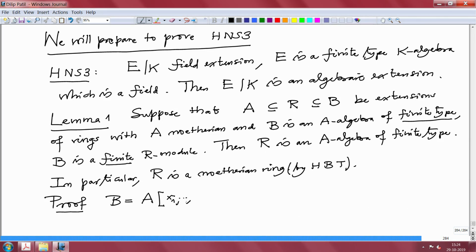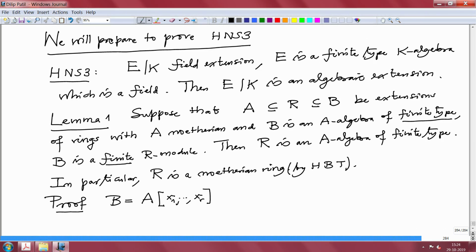As an algebra it is of finite type, meaning it is generated as an algebra by these r elements, and this square bracket means it is the residue class algebra of a polynomial ring over A in r variables modulo some ideal. And we are also given that B is a finite R module.